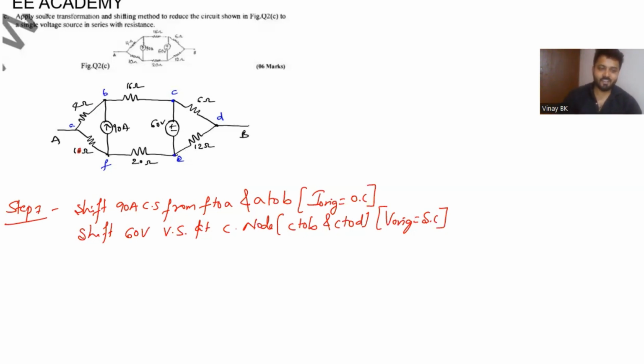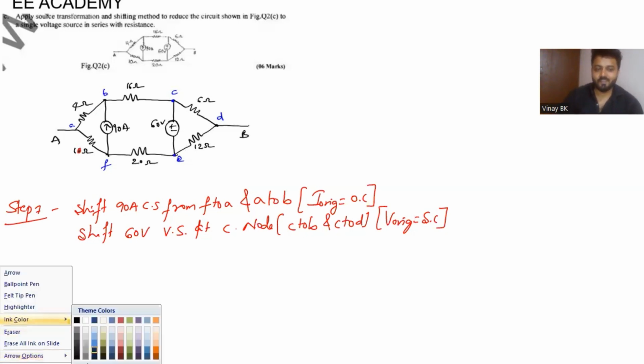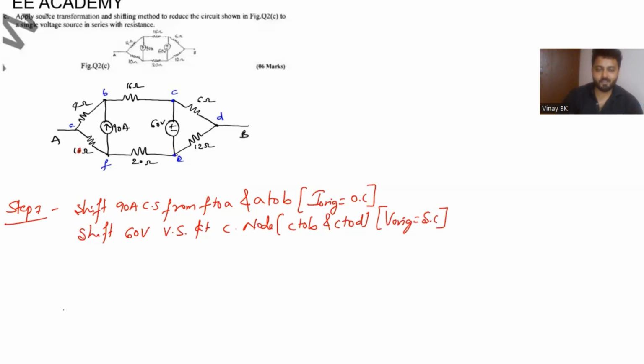So now you can see the shifting. At node A, you'll have two resistors, one is 4 ohm and another is 10 ohm.